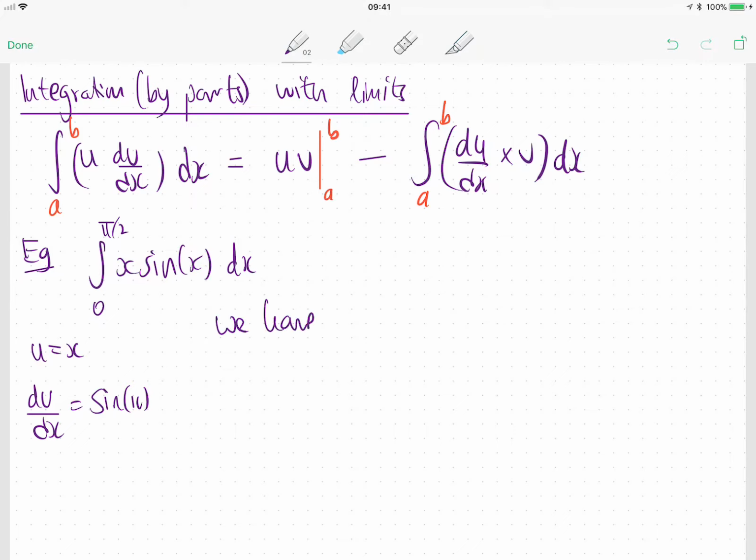We have shown that the integral is, let me remember, minus x cos x. I don't remember the other bit. Let me think.